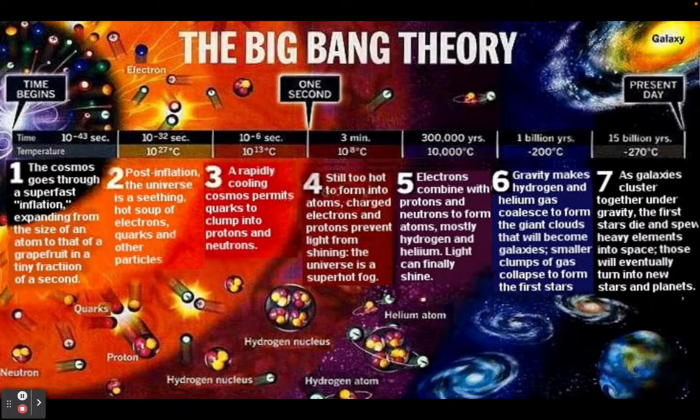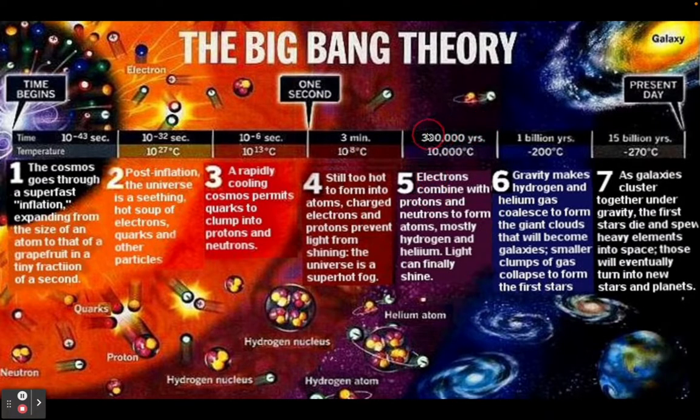It's too hot to form atoms at this point because it's 10 to the 8 degrees Celsius. Charged electrons and protons are going to prevent light from shining, as we saw earlier. So this is a super hot fog, and light isn't really going to escape through here. This is like 3 minutes after the Big Bang.